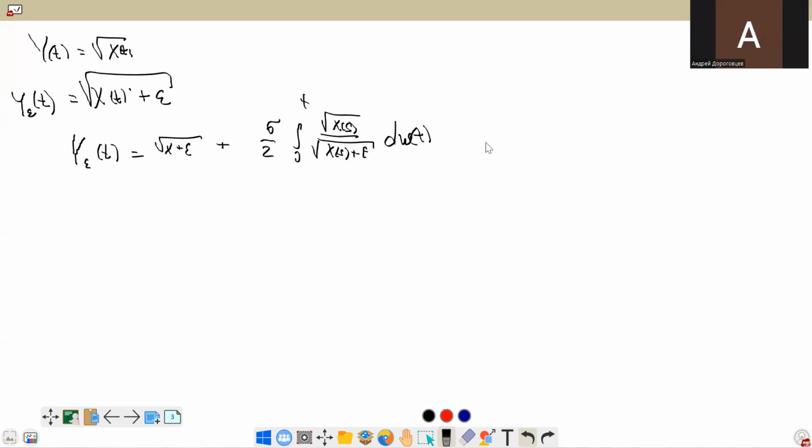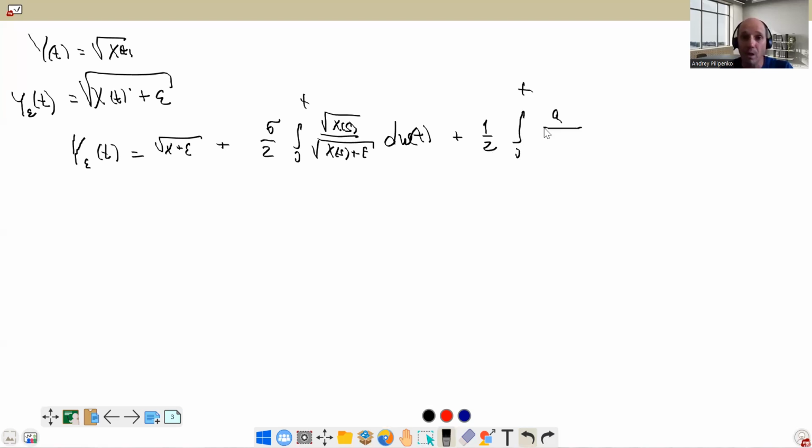Okay, and plus 1/2 integral from 0 to t of a over square root of x of s plus epsilon minus sigma squared over 4 x of s square root of x of s plus epsilon.